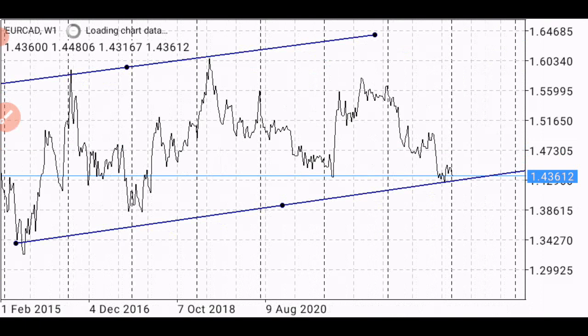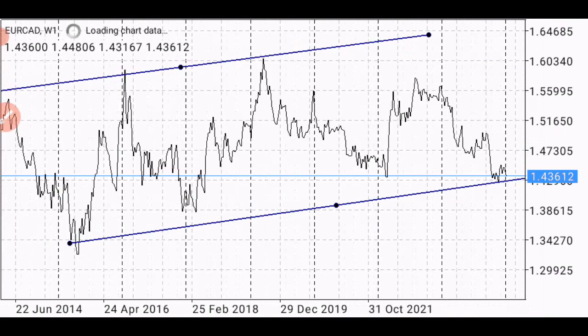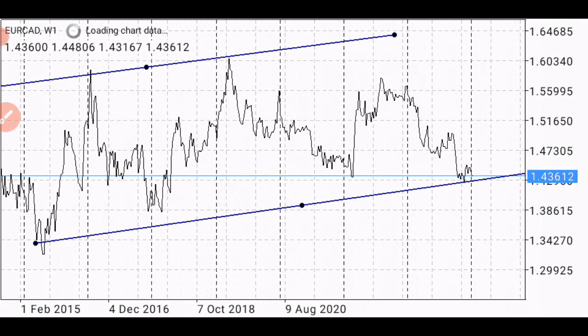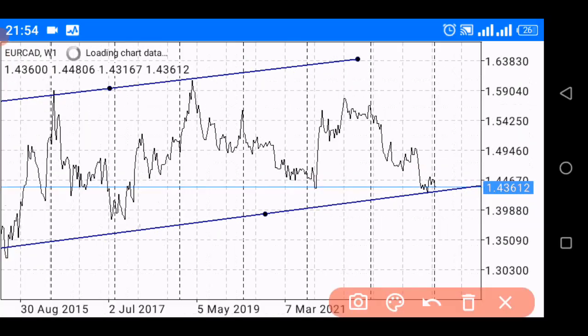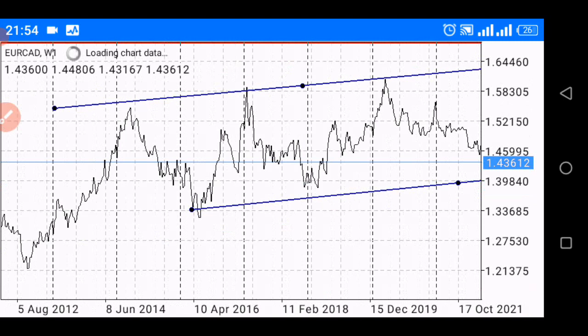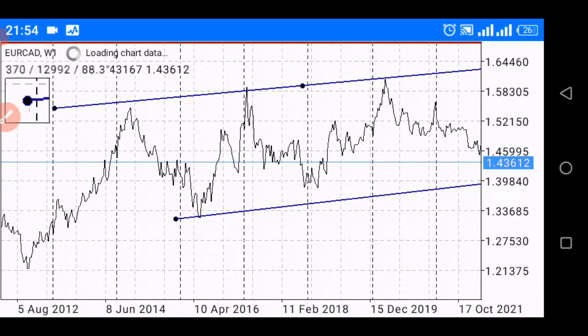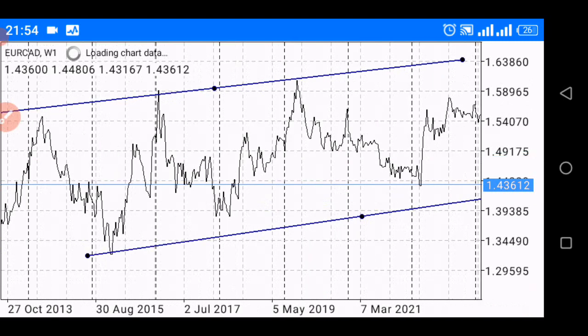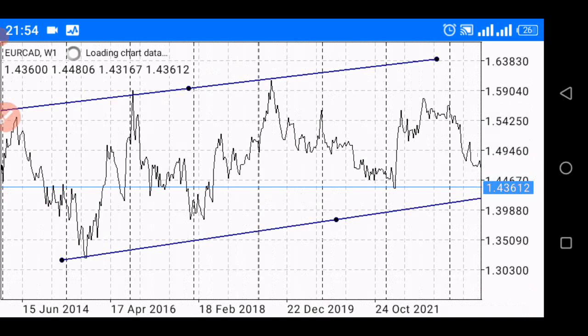So in the weekly, we have a lot of information here too. There's a lot of information here that we should look into carefully. Our first touch and second meaningful touch.